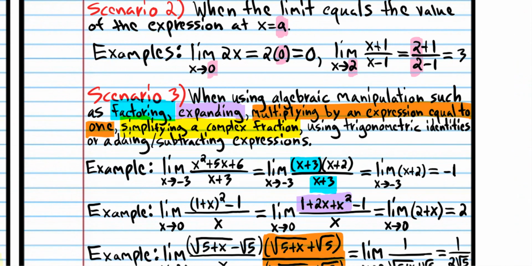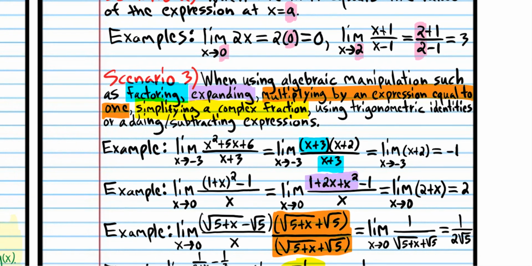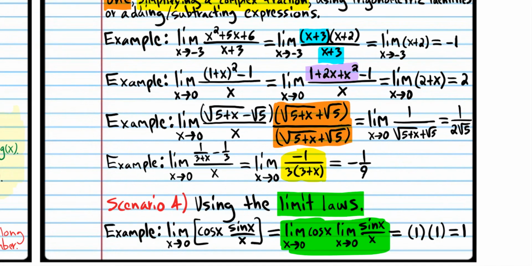But what if the function is not continuous at the x value that we're approaching? Then we have to use what we can refer to as algebraic manipulation. And in that scenario, there's all kinds of different forms of algebraic manipulation. We have factoring, we have expanding an expression, we have multiplying a fraction by an expression whose value is 1, and the purpose of that is to change the form of the fraction so that we can find the value of the limit.